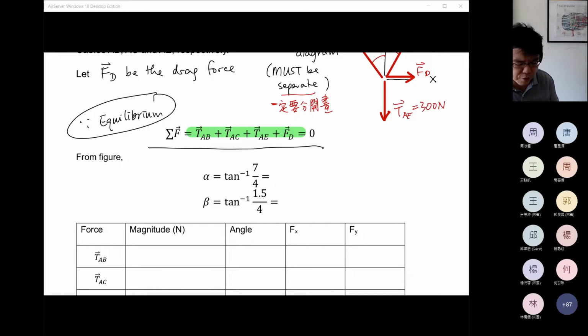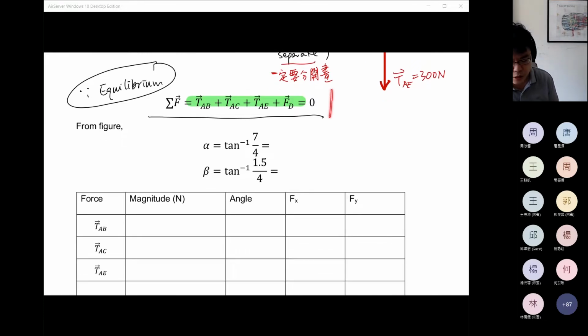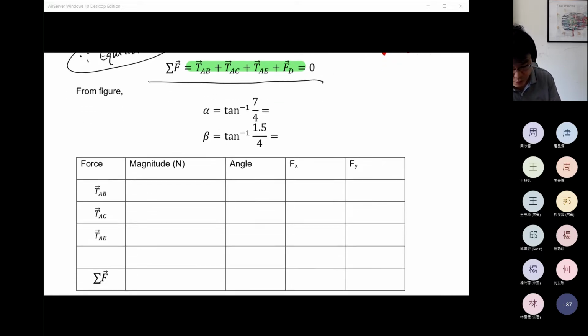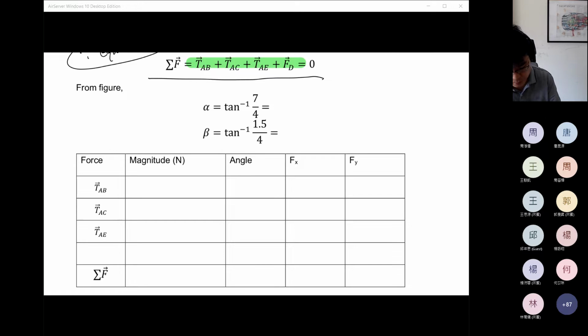Write this down, and because we have more than 3 forces, we cannot use trigonometry alone to solve the problem. Therefore, we prepare this table, and from the figure we can always know alpha and beta.